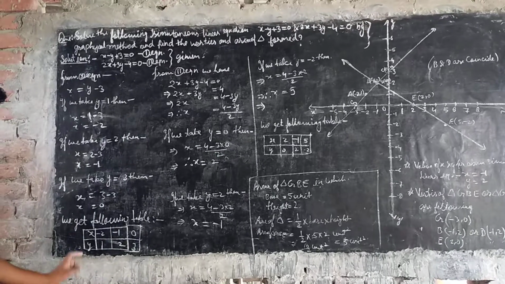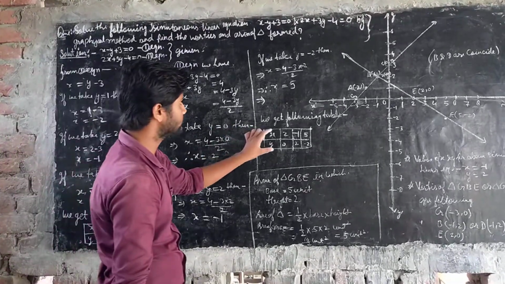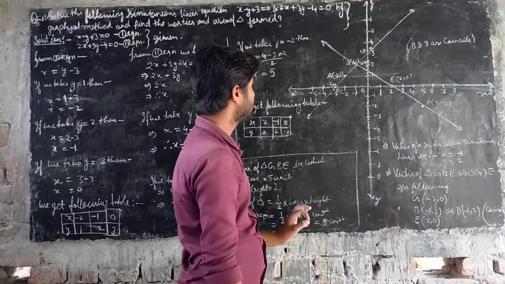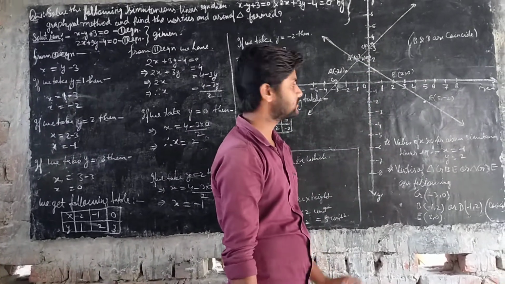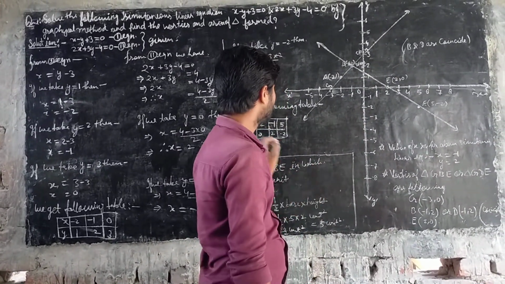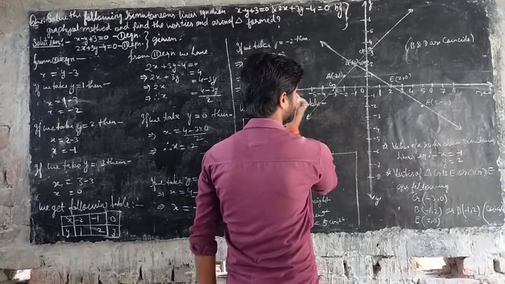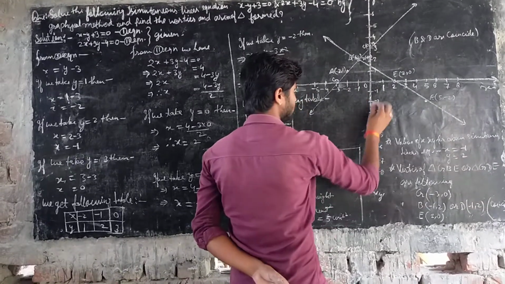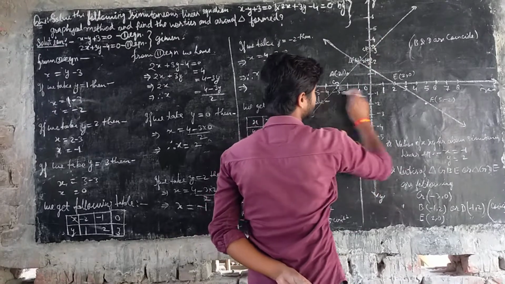Now, on the basis of the first equation table and the second equation table, we draw the graph. First of all, we plot the x and y axes on the coordinate axes, where integer numbers are written, negative and positive with 0. Downwards is the y axis and this is the x axis.